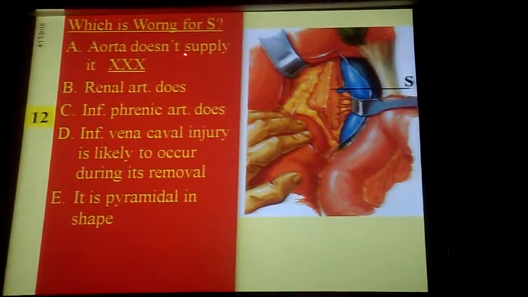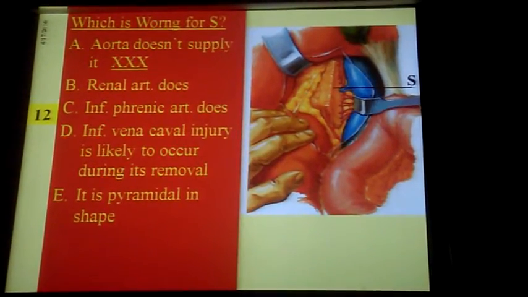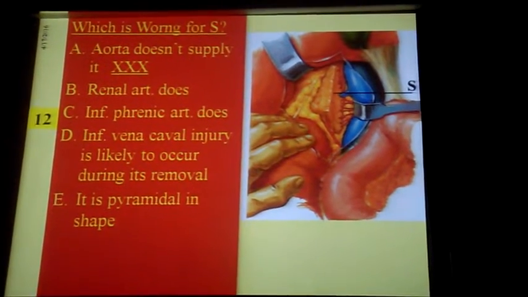The aorta does not supply it. Wrong, of course. The aorta: we know there are 3 arteries supplying the suprarenal gland.